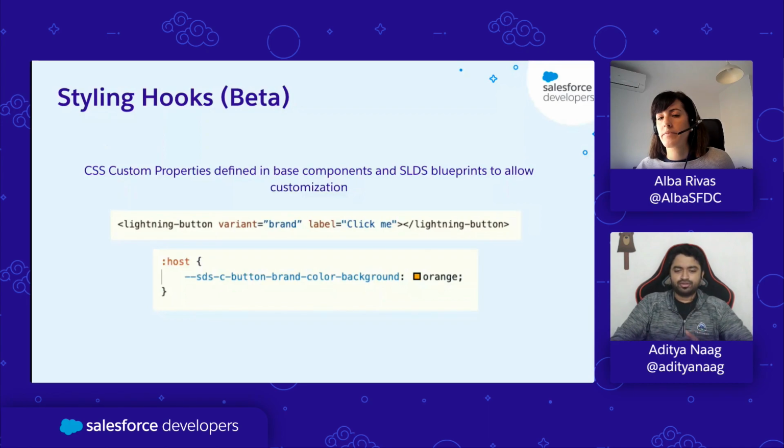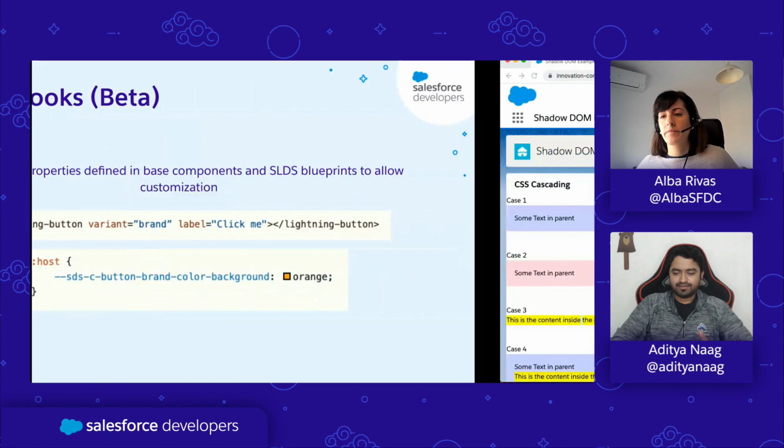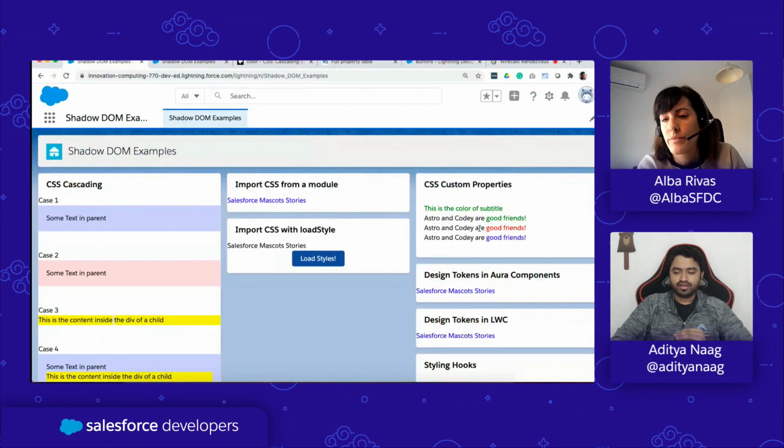And what you would have also noticed is in this example of custom properties, we told you that you can define the custom property value at the parent level and you can use that value in the child. And whatever value you define in the parent, the child is going to reflect that value. So that is custom properties. But if you look at it in a different way, let's say you are the one who built the child component.